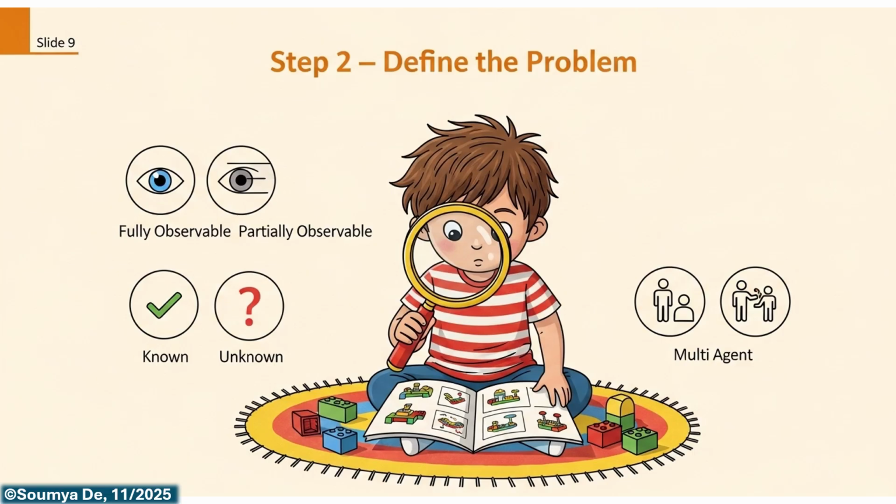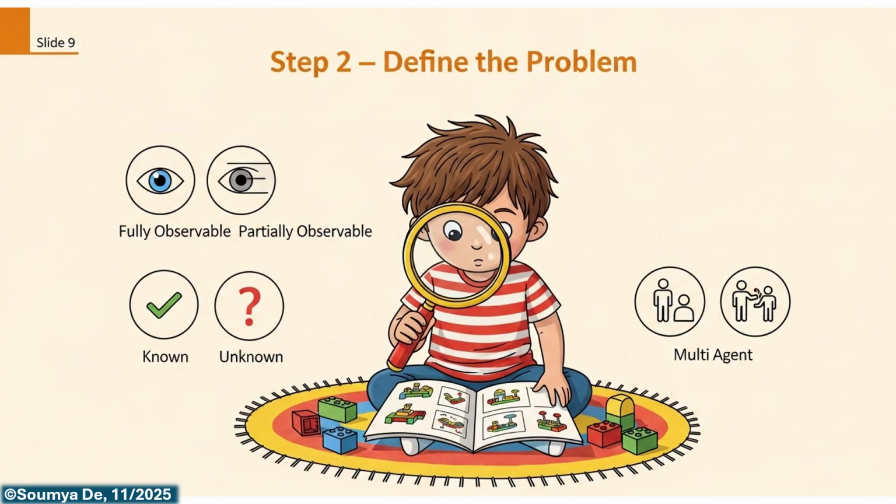Next is step 2, define the problem. This means understanding what kind of problem it is. We ask questions like, do I know everything I need? Whether it is a known or an unknown environment. Can I see everything I need to build? Fully or partially observable environment. Does anything change while I build?